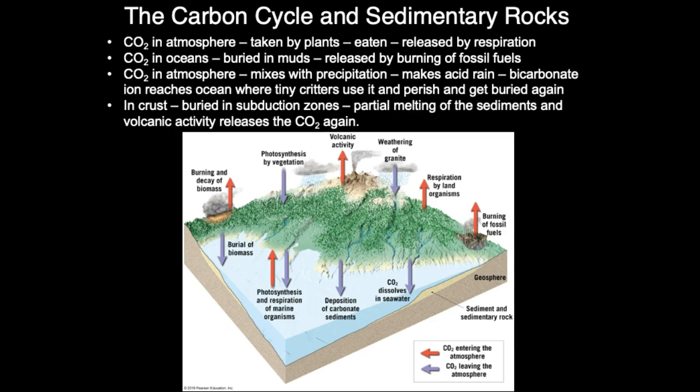So these organisms die, get buried, and the cycle begins all over again. In fact, most of the carbon remains in the crust and the atmosphere layer of our planet. So most of it is near the surface of our planet.